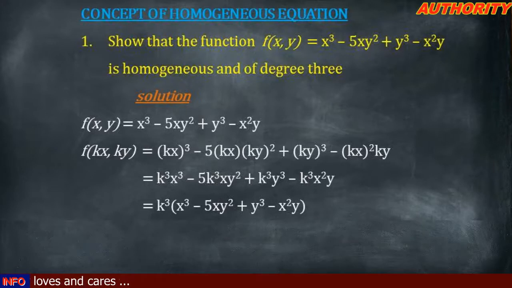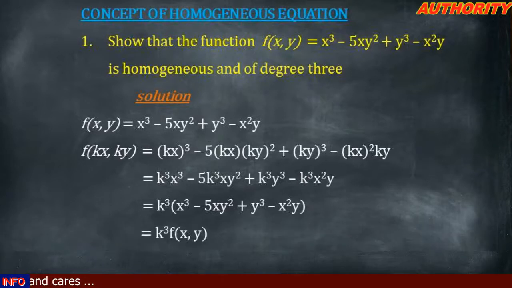All right, good. So after factoring out k cubed, we discover that the function that we have in the bracket is the same as the original function that is given to us. So that means we say k cubed multiplied by our function f of x, y.